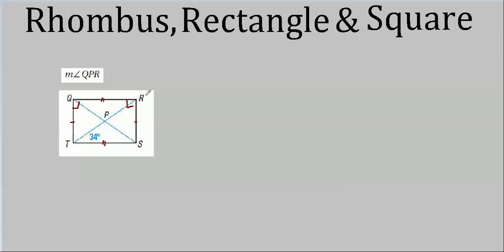So half of TR is the same as half of QS, which means that all of these are congruent. Well, I guess I should use 3 hash marks. I don't mean to imply that they're congruent to any of the sides, just to each other.